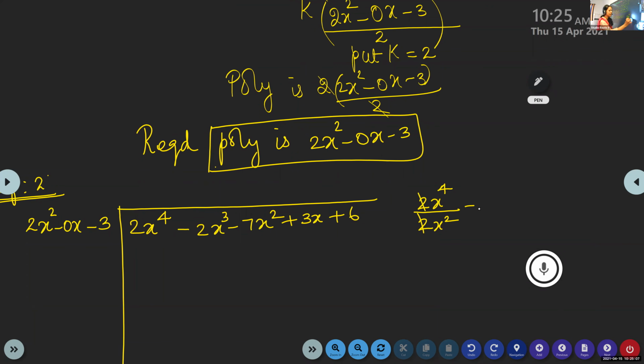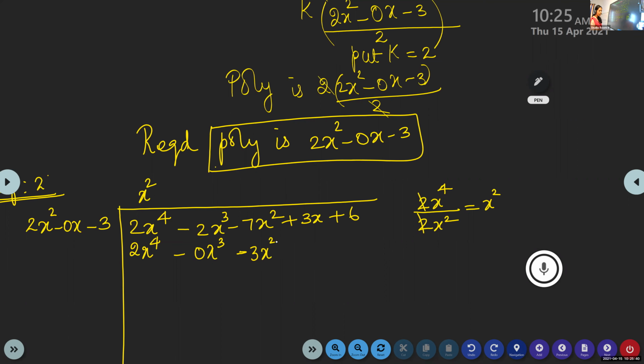So 2 will get cancelled. x raised to 4 by x square is x square. So we get x square. Then what's the next step? With x square, we multiply and write. What is x square into 2x square? It is 2x raised to 4, and when we multiply, we add the powers. So 0x cube minus 3x square.